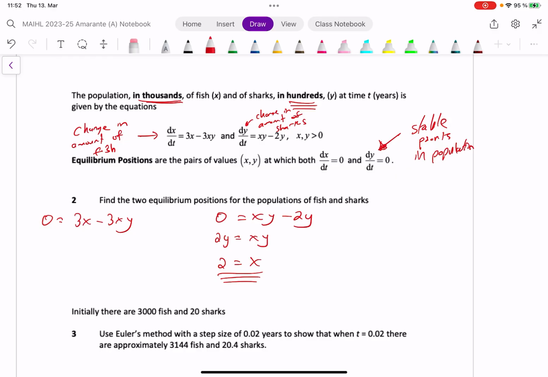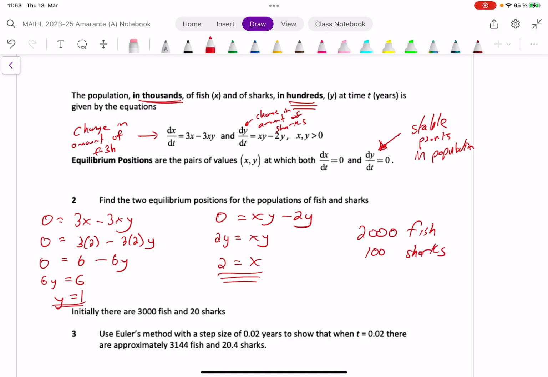And then I can use that to substitute over here. So 3 times 2 minus 3 times 2 times y. So 0 equals 6 minus 6y. 6y is 6, so y is 1. But we have to remember the units, right? So x was in thousands, so 2,000 fish. Sorry, I have to switch: x was fish, and y was sharks in hundreds.